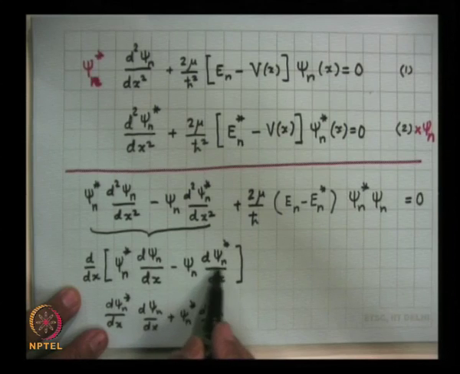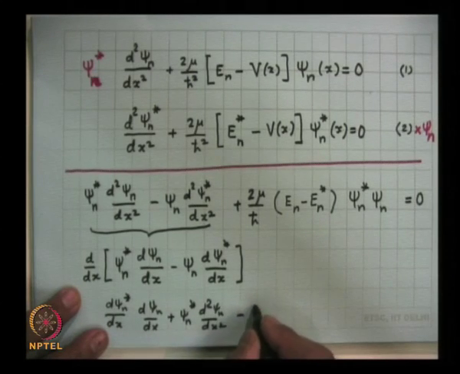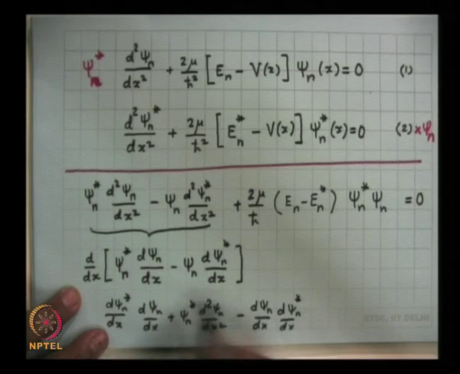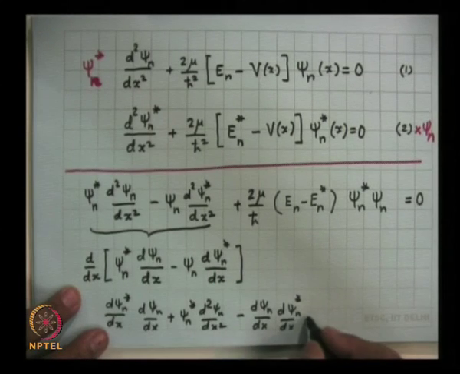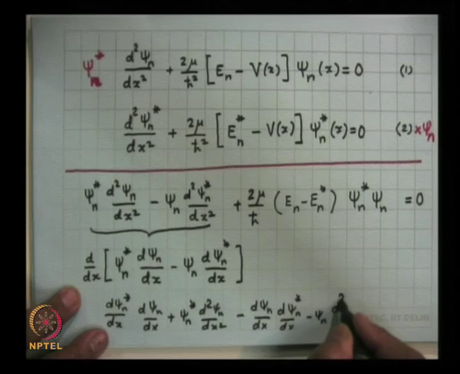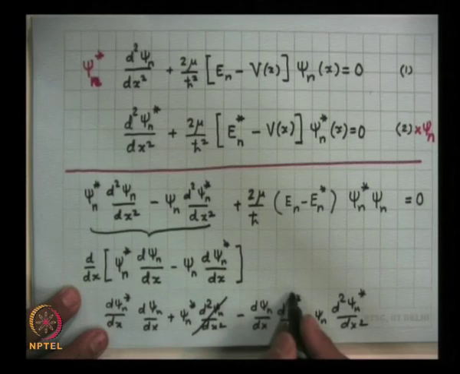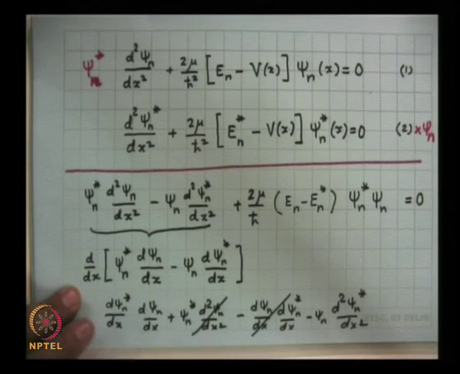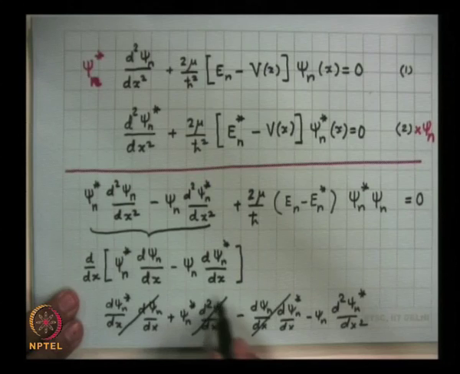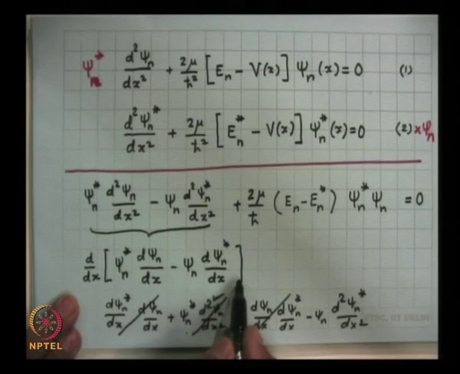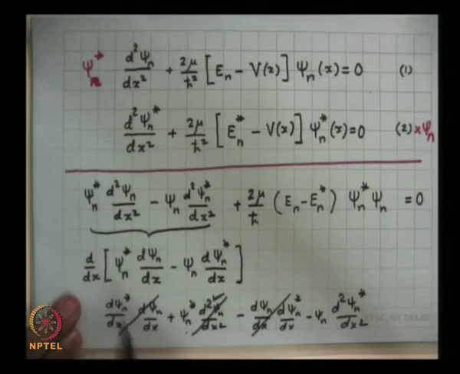And if you differentiate the other two terms, it will be minus d psi n by dx d psi n star by dx, and then this term will come, minus psi n d2 psi n star by dx square. So, obviously, these two terms will cancel out, and the remaining terms are psi n star d2 psi n by dx square minus psi n d2 psi n star by dx square. So, this quantity is rigorously equal to this.